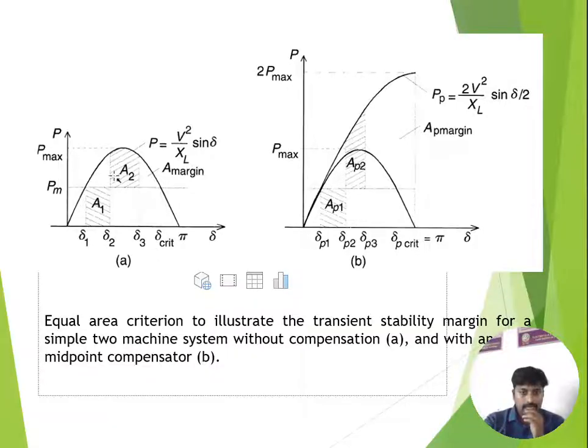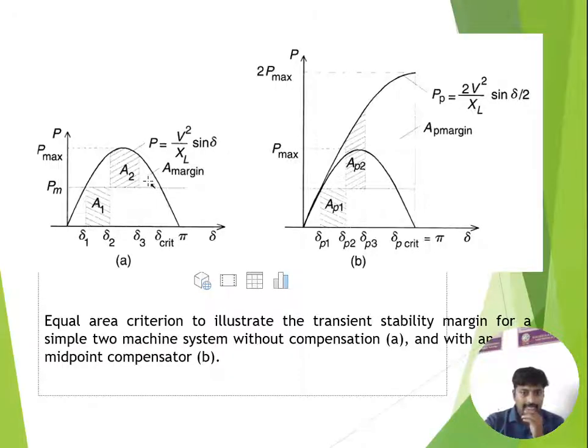Here the mechanical power is low compared to the electrical power. That's why it is called the decelerating area, represented as A2. The load angle always oscillates between area 1 and area 2. To reduce the oscillations, these are the margin available for area 2.